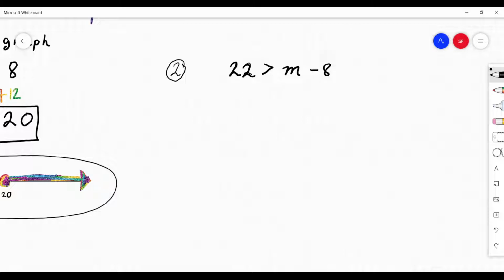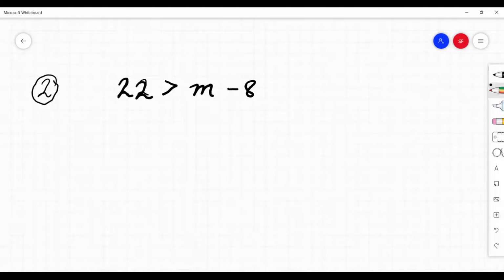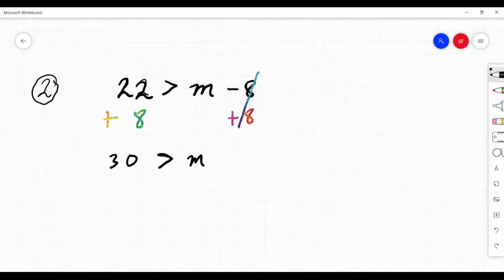M by itself. Okay, so we want to get m by itself. Add 8 to both sides? Add 8 to both sides. Now, for an equation, it doesn't really matter to get the variable on the left, not really. But in inequality, it does. Kind of. So we end up with 30 is greater than m.